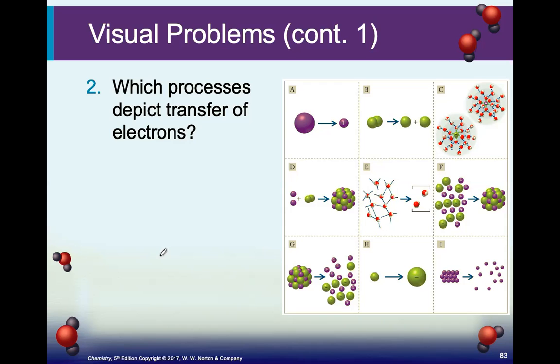For D, you're saying covalent? In covalent, you'll see the two atoms interpenetrating each other, overlapping. I don't see this as covalent.